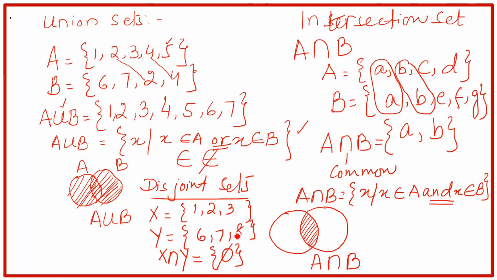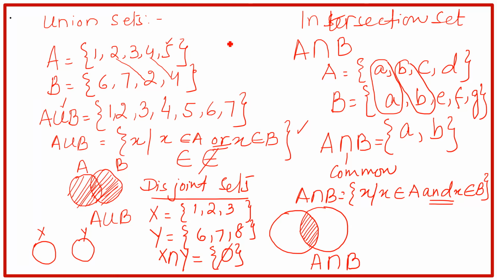So how will you shade disjoint sets in a Venn diagram? Suppose this is X and this is Y. It's not overlapping, and we are not taking any element because these two are totally different. We are not making the union. Okay, this is the disjoint set.